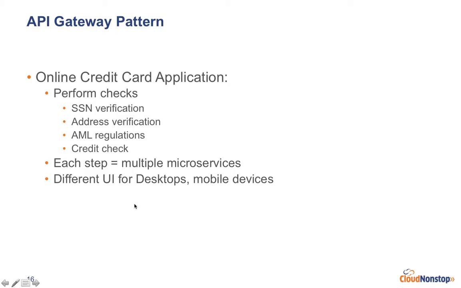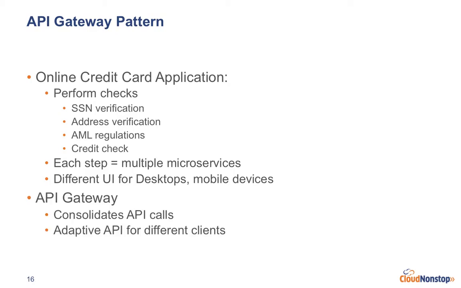So that's where the API gateways help. What they would do is consolidate the API call. So for example, an API gateway could provide an API for SSN verification, and whatever needs to be done behind the scenes in terms of invoking different microservices, it takes care of that for you, so that as far as the developer is concerned, they could be invoking just one API call.